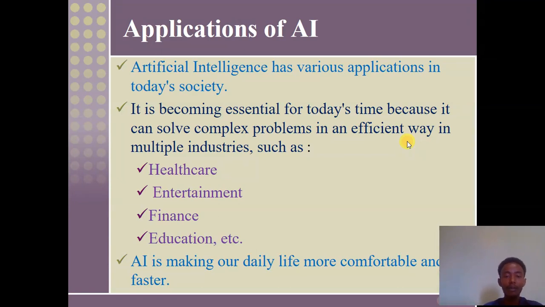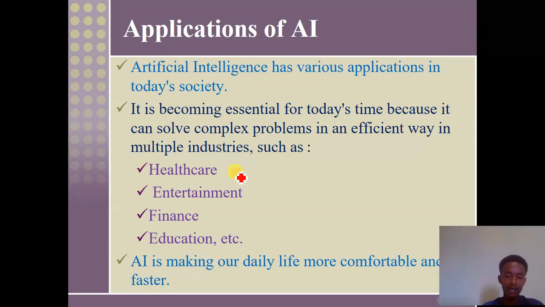So it is becoming essential in today's time because it can solve complex problems in an efficient way and in multiple industries. The reason we use artificial intelligence is that it helps us human beings solve complex problems, and it works in many industries, such as healthcare.